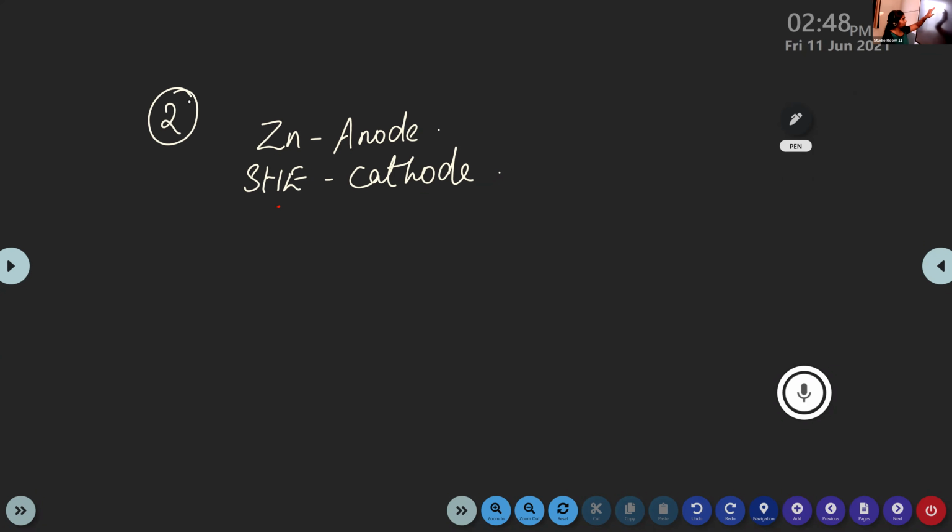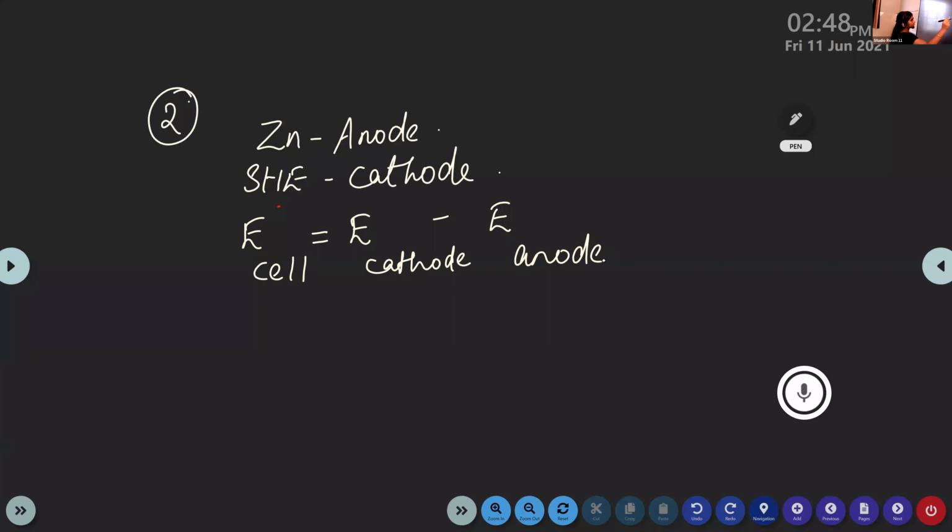Because in a galvanic cell, zinc always exists as anode, that's why we prefer standard hydrogen electrode as cathode. And we know the equation E cell is equal to E cathode minus E anode, or otherwise E right minus E left.